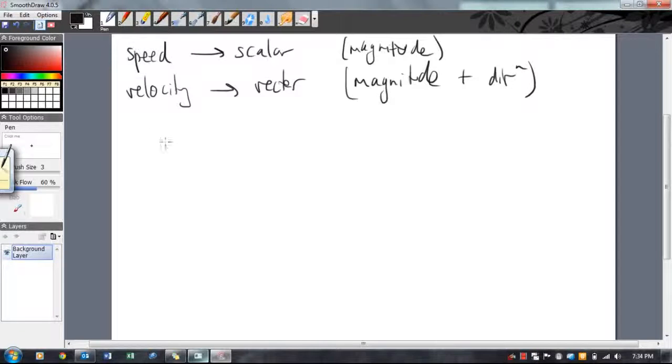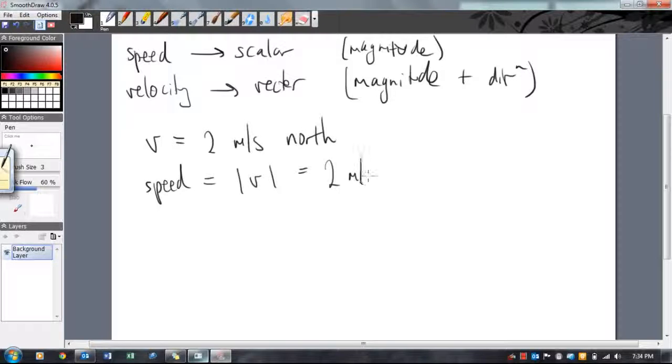If the velocity is equal to 2 meters per second north, north gives you direction, and 2 meters per second gives you the magnitude of the velocity, whereas the speed is simply the magnitude of the velocity, which is just 2 meters per second, and we don't know what direction it's going in.